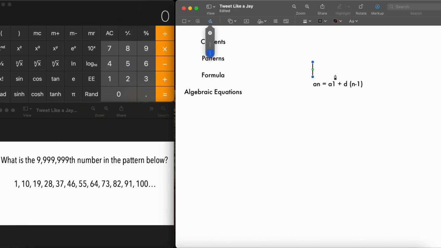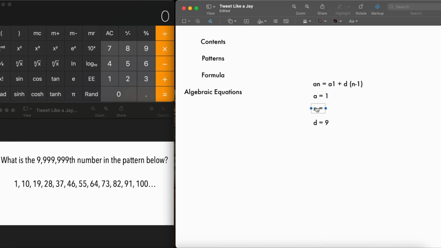We can pretty much say that A_1 equals 1. This is also what we call algebra, because we use variables and letters to symbolize numbers so that we can use them in different situations. Covering that later. And finally, D is the number being added, so it's 9.